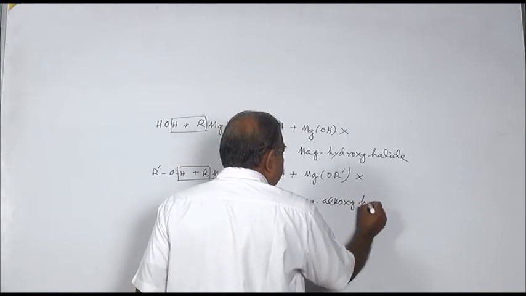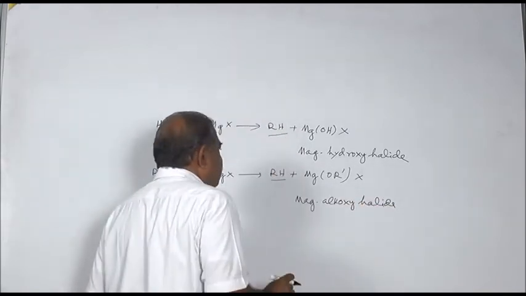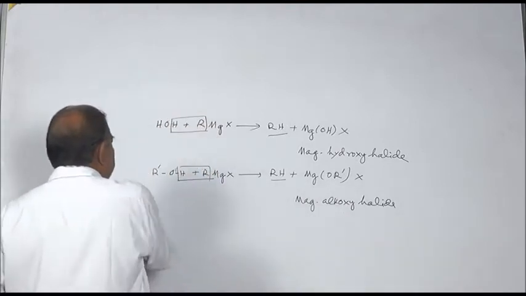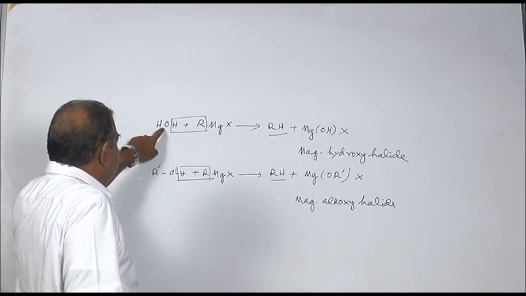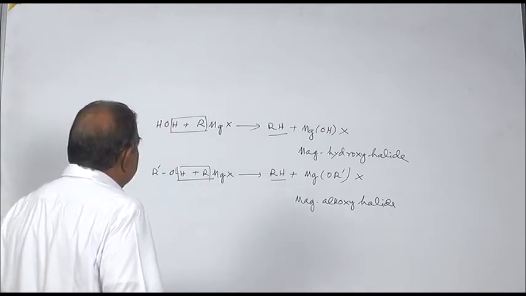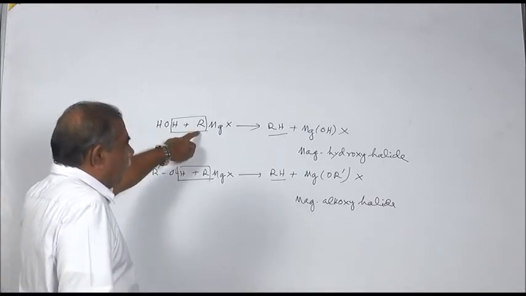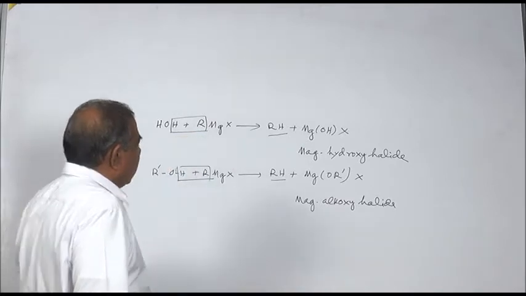So this is another way of getting alkane. When hydrogen is attached to oxygen, nitrogen or sulfur, we call it an active hydrogen atom. That hydrogen atom reacts with the alkyl group of Grignard's reagent, that is alkyl magnesium halide, to give you an alkane.